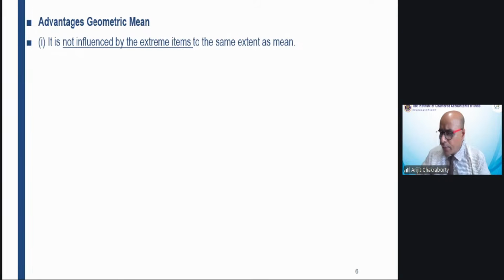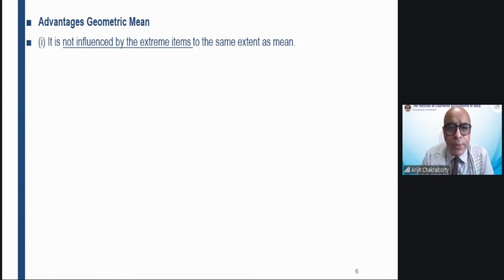That means we have a few numbers, say 10, 14, 31, and then suddenly 1500. 1500 is an extreme value. So the moment I calculate the AM, the arithmetic mean, it will fluctuate. It will show a higher level of susceptibility due to the introduction of that particular number 1500, because it is an extreme value, an extreme item in the data set.